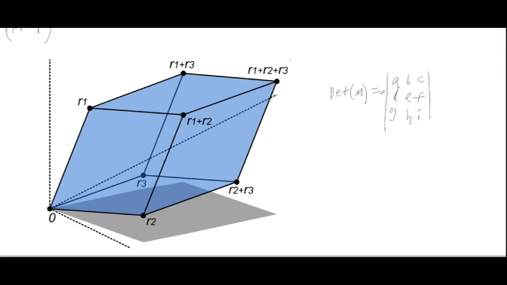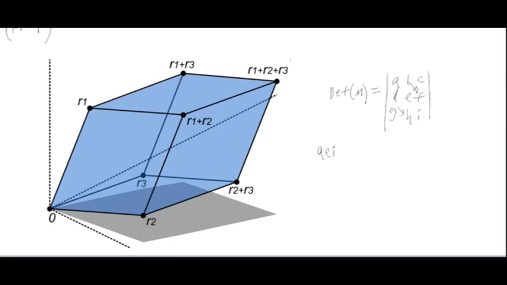And what we do here is we first take A, E, I, so that diagonal, A times E times I. Then we move over 1 and take the diagonal, so that diagonal goes from here to here, and then it goes down to here.